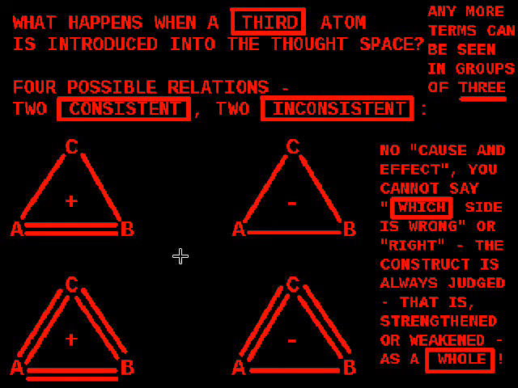Looking only at the 3 terms, you cannot say which side is particularly consistent or particularly inconsistent. You can only say that these 3 relations look pretty likely or that they look unlikely, and then you can strengthen them all or weaken them all. But you are treating each of those correlations as a whole. You are not just looking at one side.